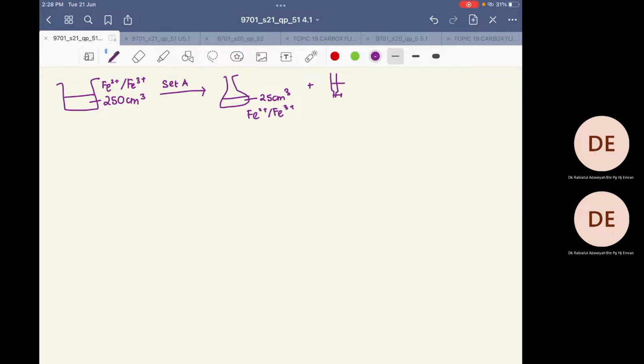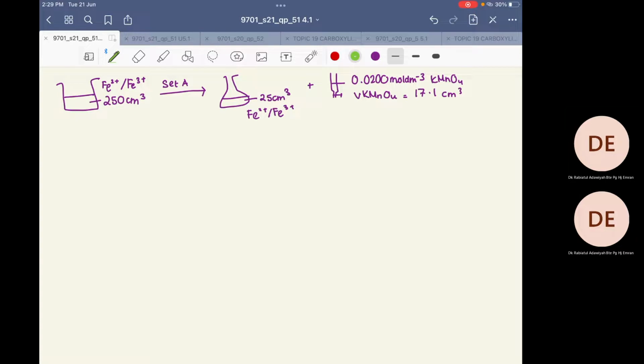The potassium manganate has a concentration of 0.0200 mole per dm cube, KMnO4. What was the titer value of set A? 17.1. The volume of potassium manganate was 17.1 centimeter cube. Okay, I'll leave it at that.